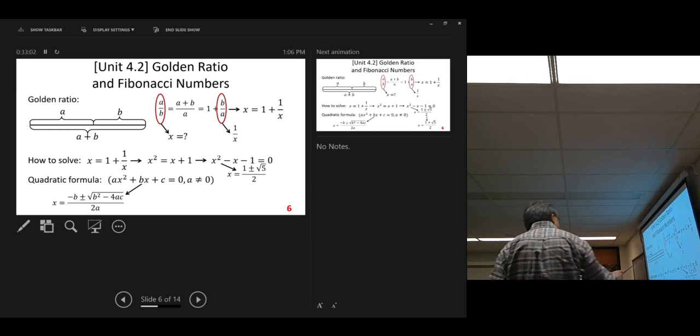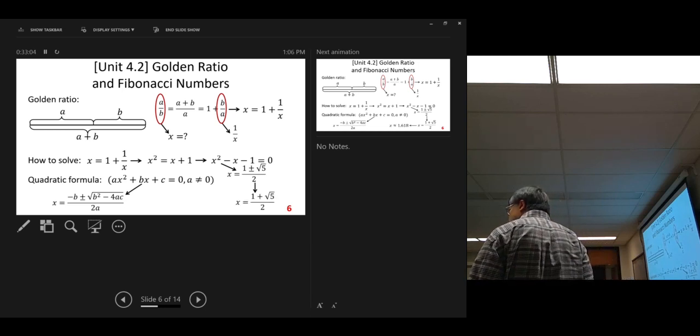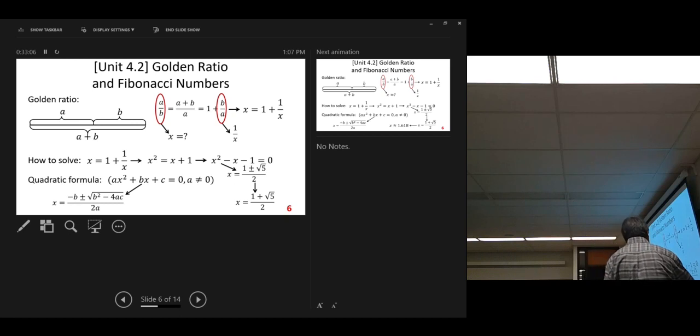So we only keep the positive solution, which is (1 plus square root of 5) over 2, approximately 1.618. This is the golden ratio, that famous number. That's the whole procedure to derive the golden ratio.